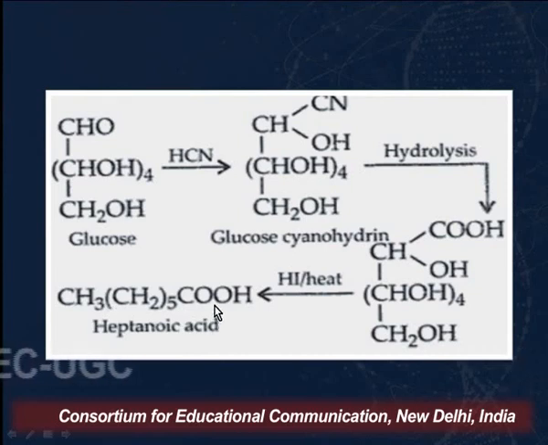That is, an acid having 1 carbon more was formed, and that was also a straight chain compound. So this clearly indicated that the glucose molecule has 6 carbons in a straight chain.